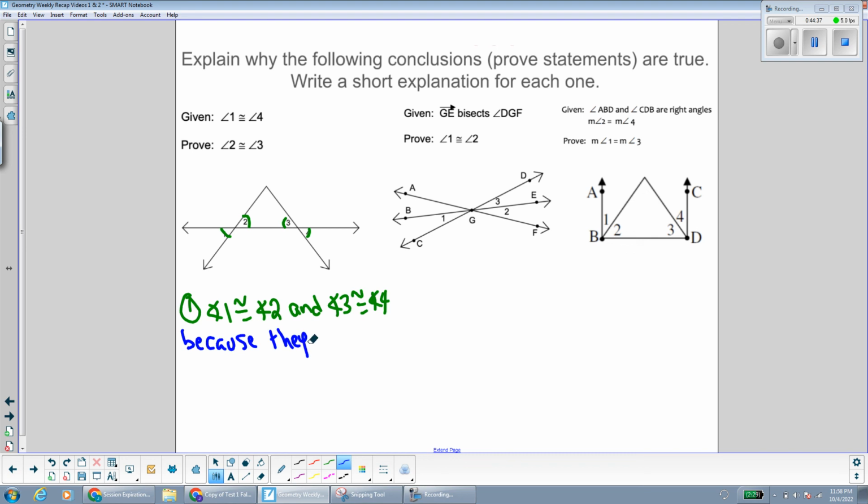Because they are vertical angles, and vertical angles are always congruent.